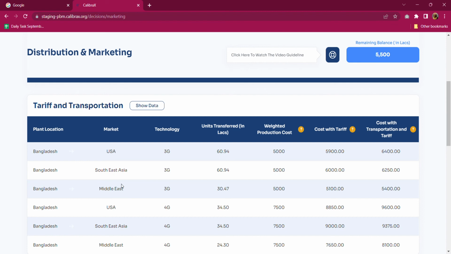Please note that the weighted production cost is calculated by taking the amounts of in-house production cost and outsourcing production cost. Teams should remember that the import tariff and transportation cost may vary from round to round, depending on various microeconomic and geopolitical variables. If the team is happy with the distribution and confident they have optimized import tariff and transportation costs, then they move to the marketing of these products.